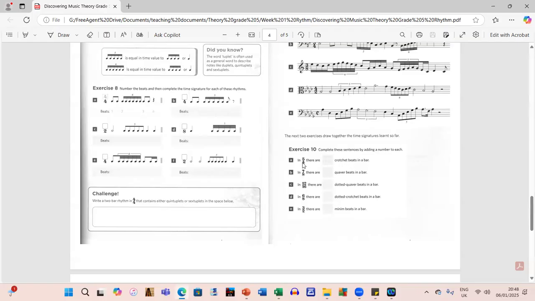That's a maths question. In 7/8 there are 7 beats in a bar. Dotted quaver beats, I'll let you work them out.